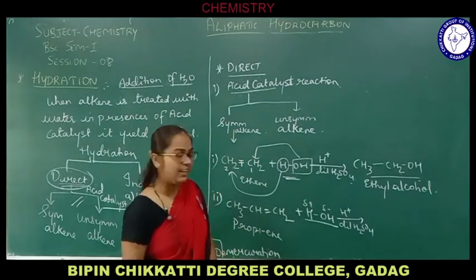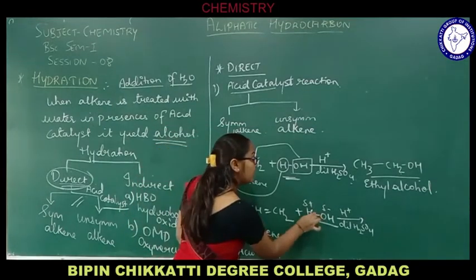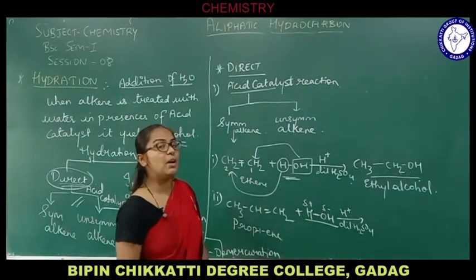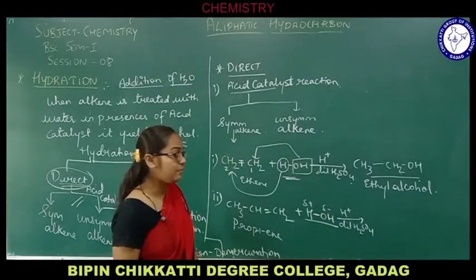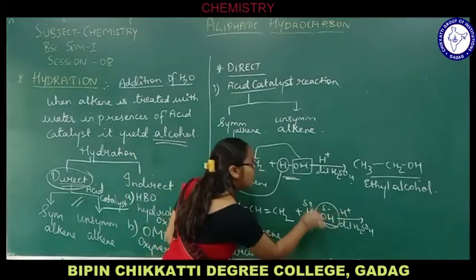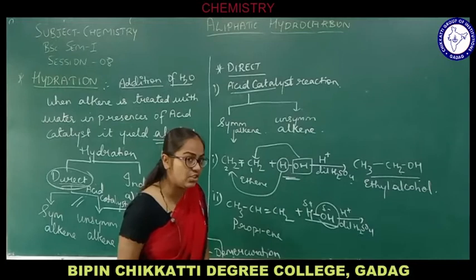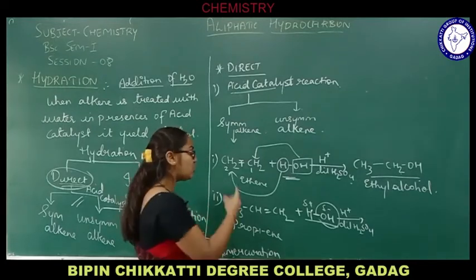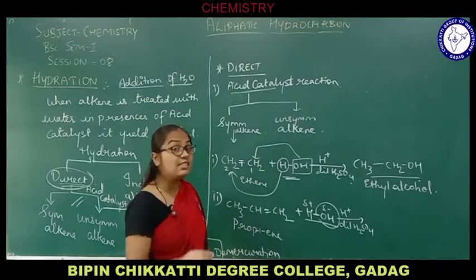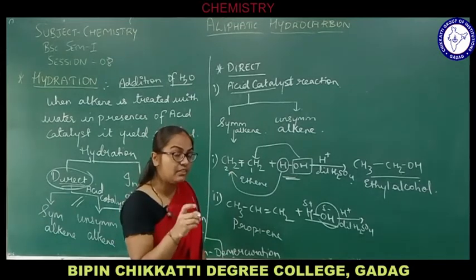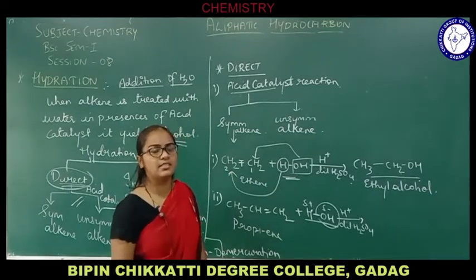Polar molecule, right? So according to the Markovnikov rule, the negative group of the unsymmetrical reagent will go and get attached to that particular unsaturated carbon of the unsymmetrical alkene which has less number of hydrogen atoms, right?